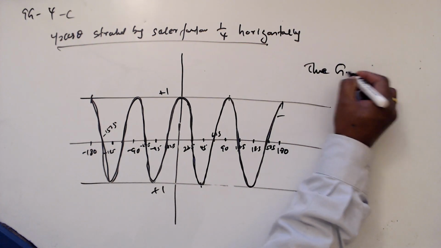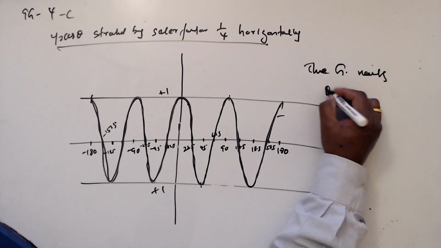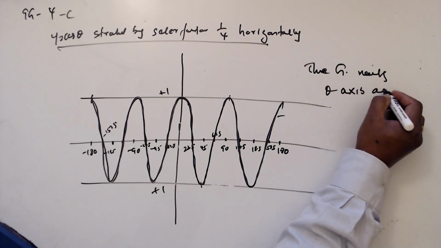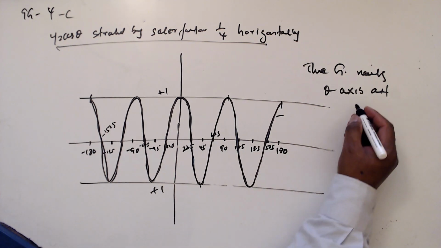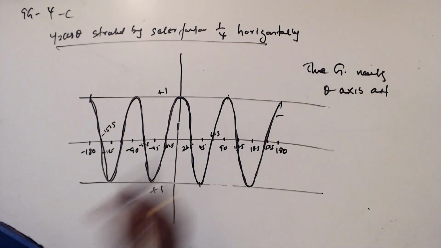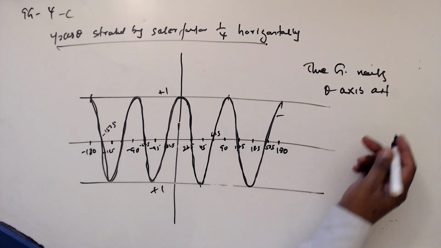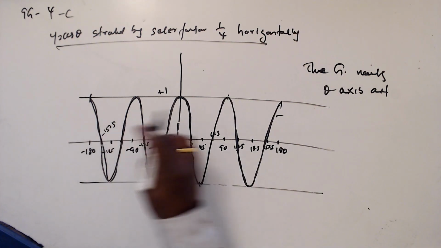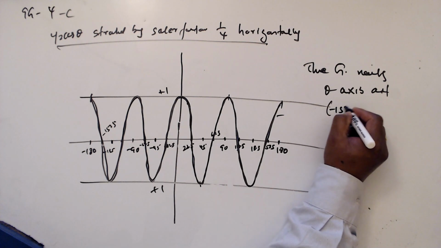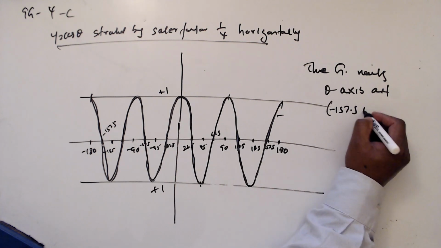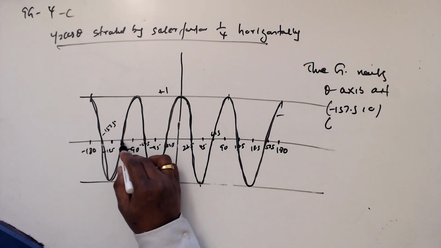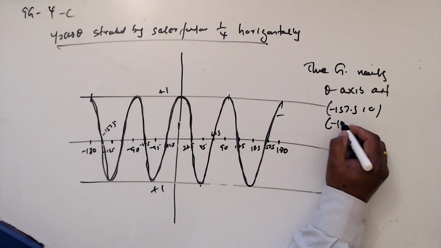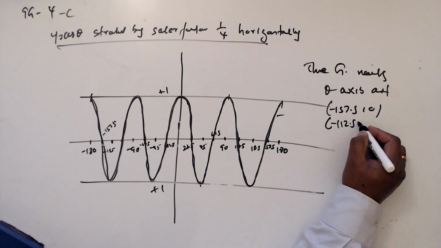So the graph meet theta axis at minus 157.5. The other one is minus 112.5.